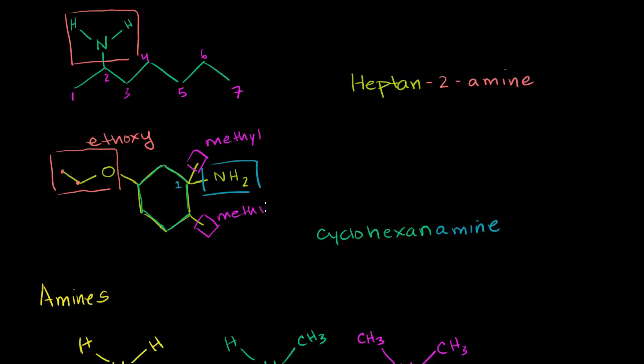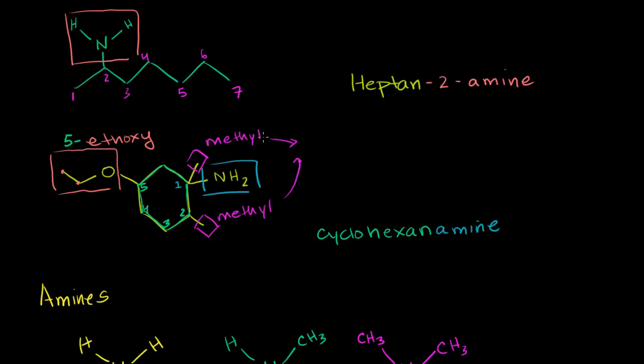When we think about numbering, we could number from one direction or the other, and in general, you want to number in the direction where you hit the functional group first. So we go 1, 2, 3, 4, and 5. So this right here is 5-ethoxy, and then this is 1,2-dimethyl.